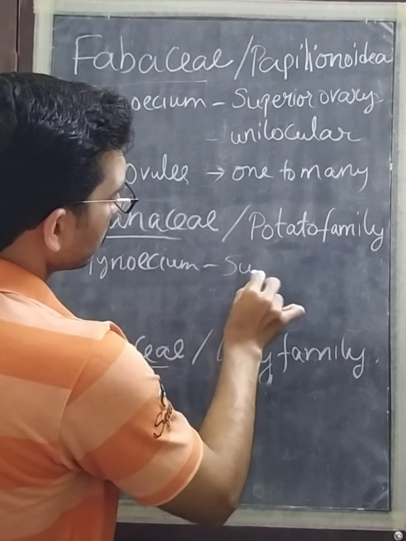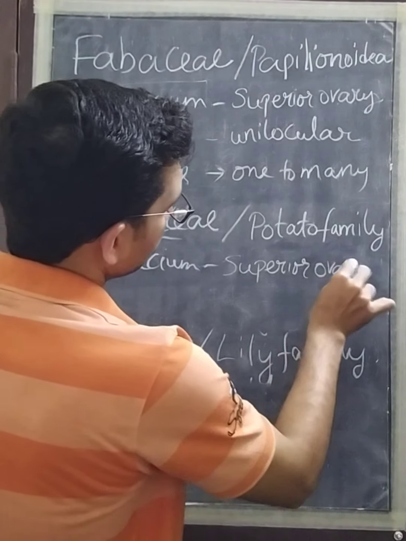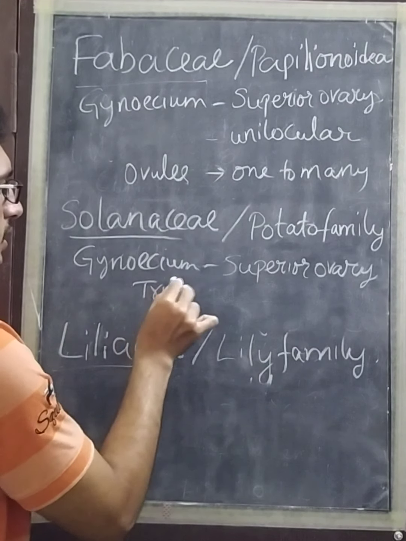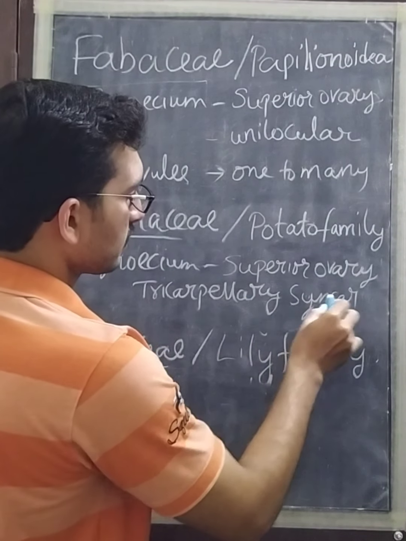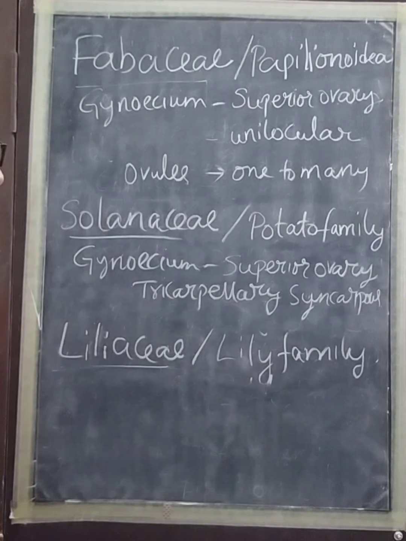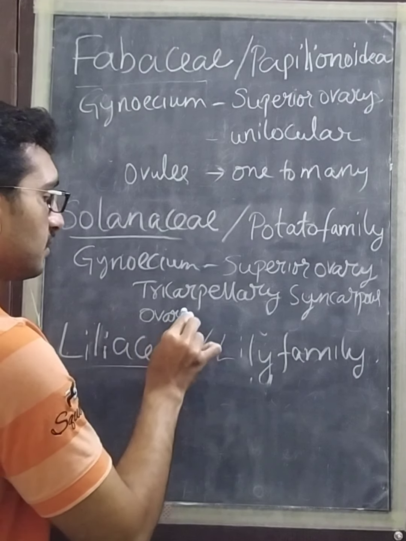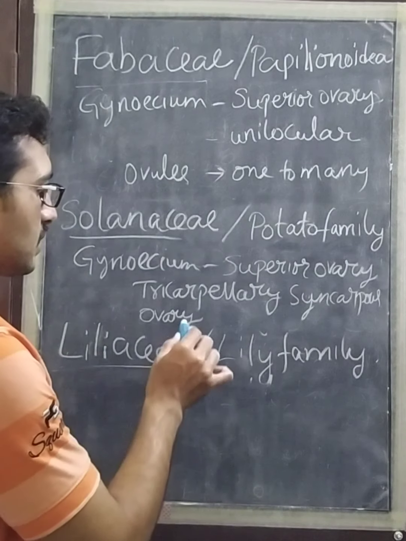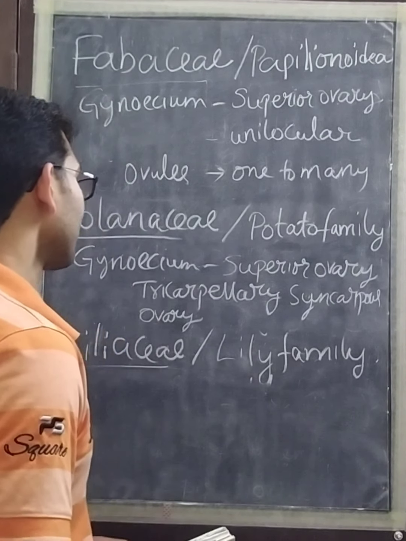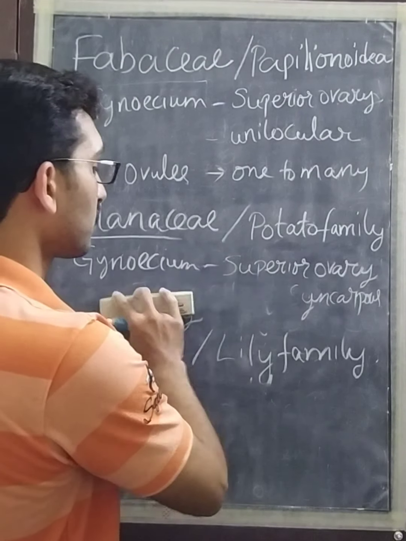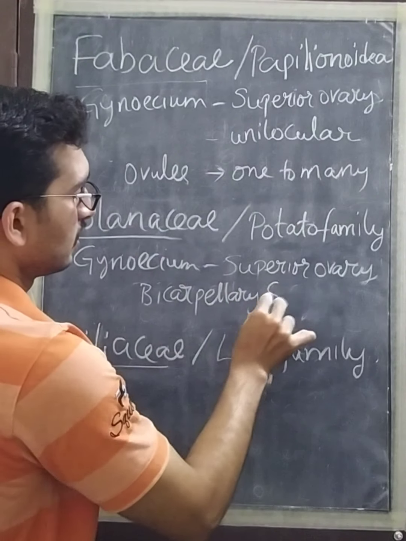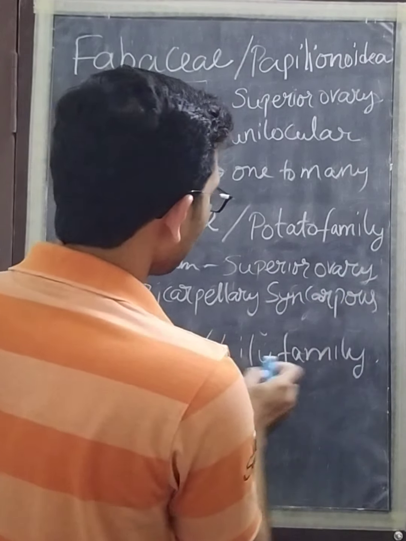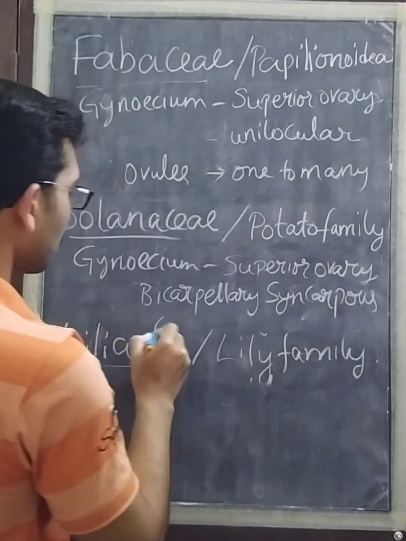Here we have a superior ovary, and it is bicarpellary syncarpous. The Solanaceae family has a bicarpellary syncarpous ovary, and the placenta is swollen.